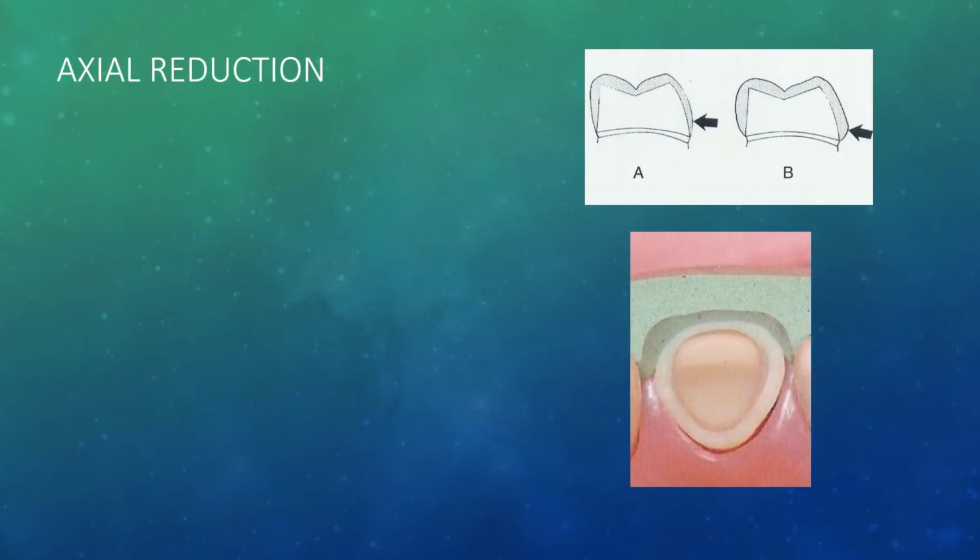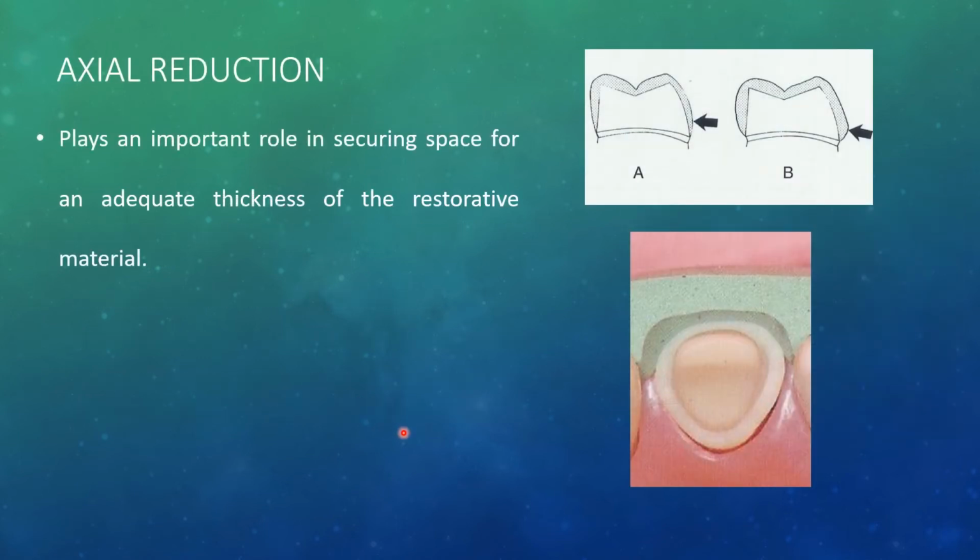So coming to the axial reduction, this also plays an important part in securing space for an adequate thickness of the restorative material. So yes, the axial preparation has to be really good.